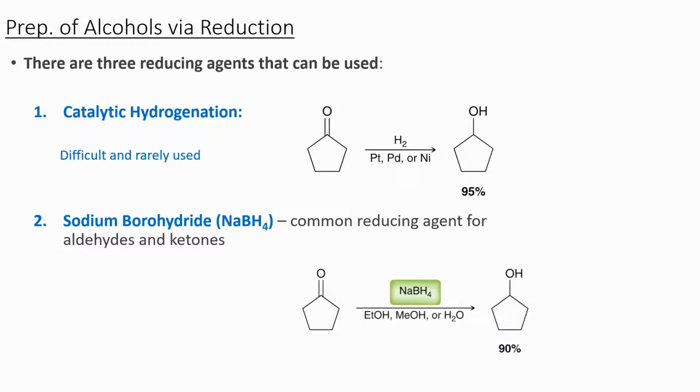So this is a combination of hydrogen and a transition metal, such as platinum or palladium. And this is going to reduce carbonyls down to alcohols. Unfortunately, it also reduces alkenes down to alkanes. So this will be our strongest. Then we have sodium borohydride, which is going to be our weakest. This will reduce just the aldehyde or ketone to the alcohol.